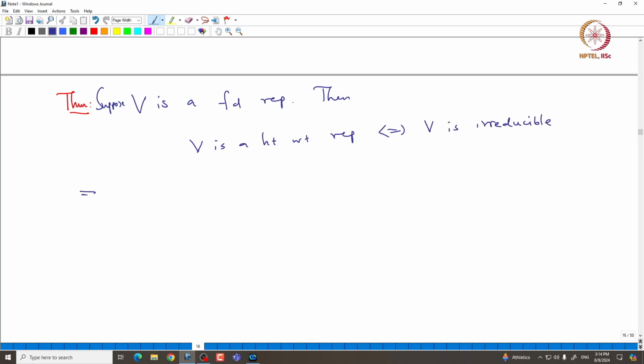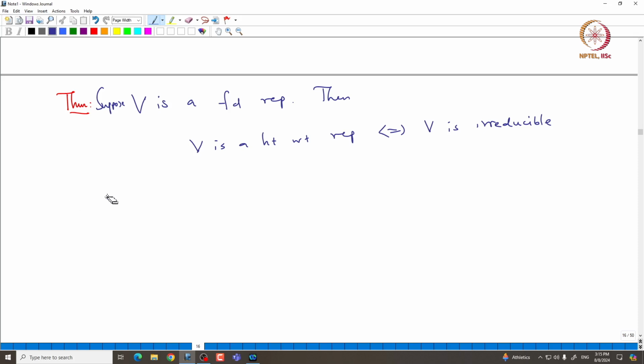So, we already proved this one way. Because V is finite dimensional, we must have a highest weight vector. So, once you pick a non-zero highest weight vector, then the module generated by that vector must be exactly V if V is irreducible. So, that will force V to be a highest weight representation.